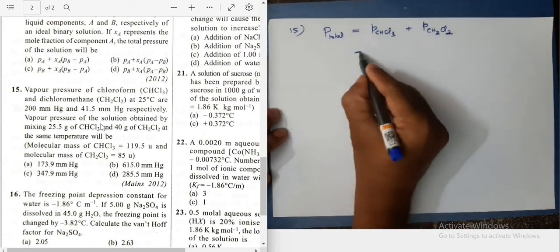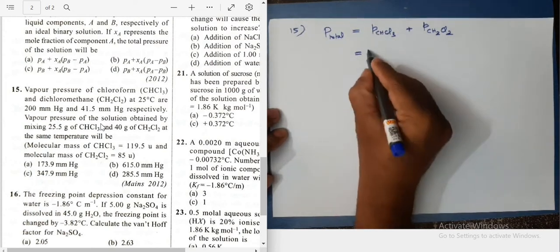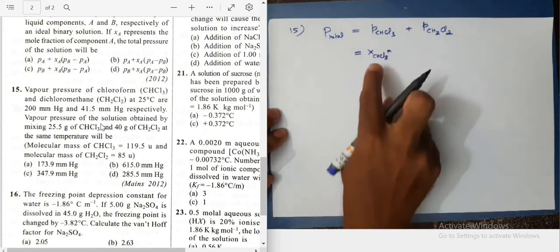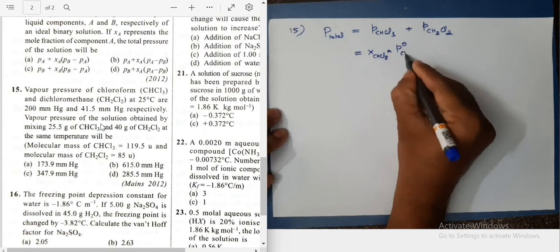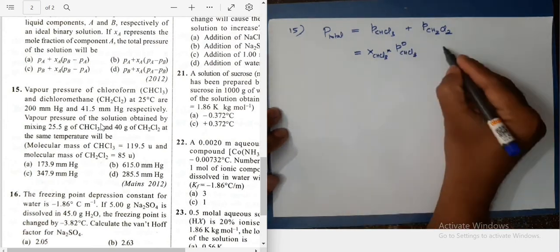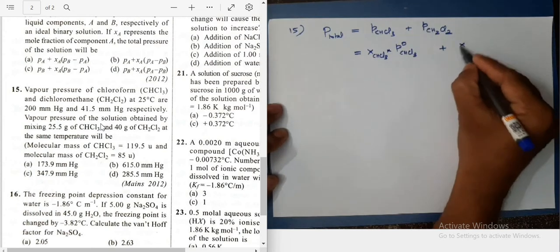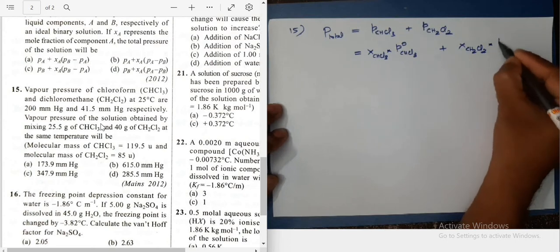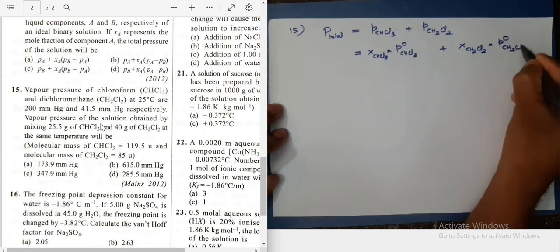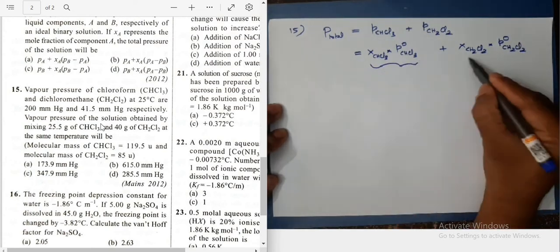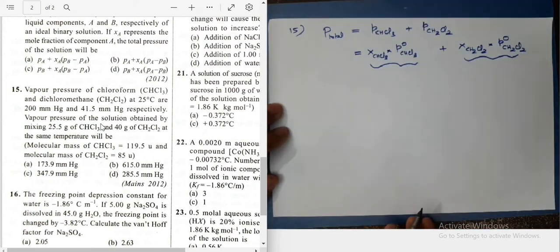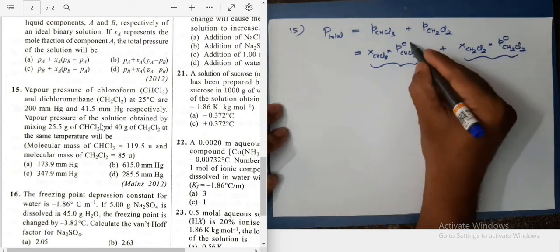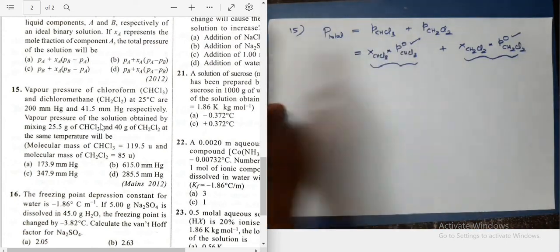According to Raoult's law, partial pressure is nothing but mole fraction of chloroform into vapor pressure of pure chloroform, plus mole fraction of dichloromethane CH2Cl2 into vapor pressure of pure dichloromethane CH2Cl2. You have to multiply these two and add. But how to find the mole fraction? Pure vapor pressures of chloroform and dichloromethane, these two data are available.